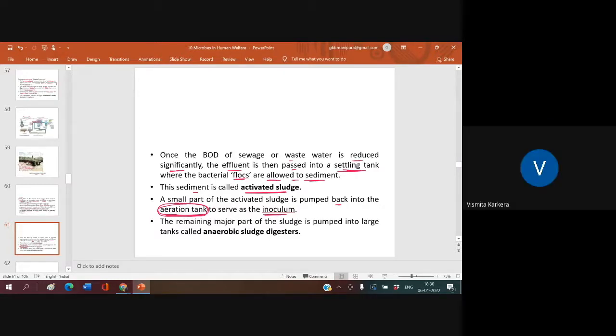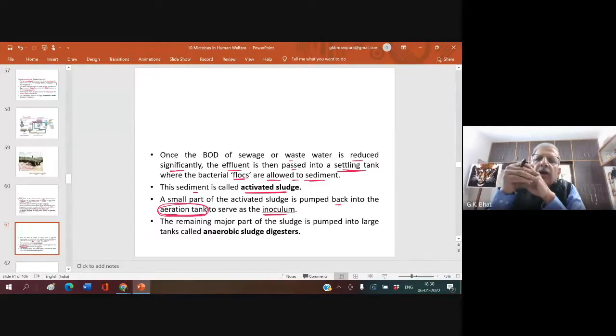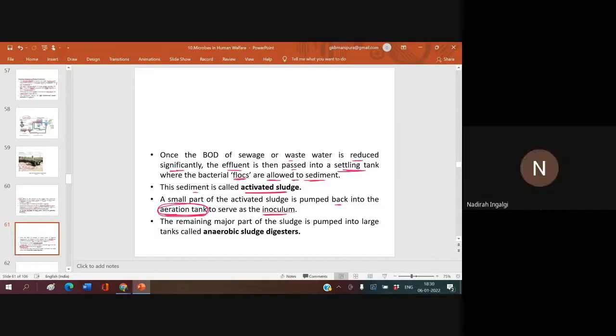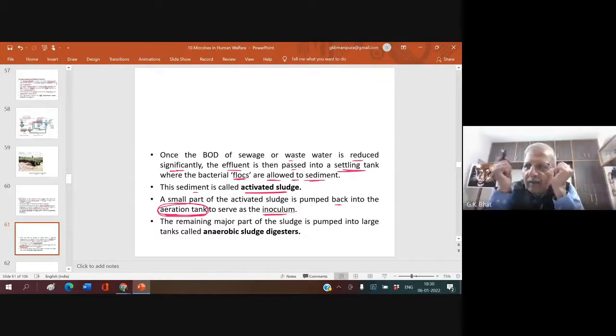Sir, the primary effluent is constantly mixed and air is pumped into it. Primary effluent comes to the aeration tank where it is mechanically agitated and air is pumped into it. So what will happen?